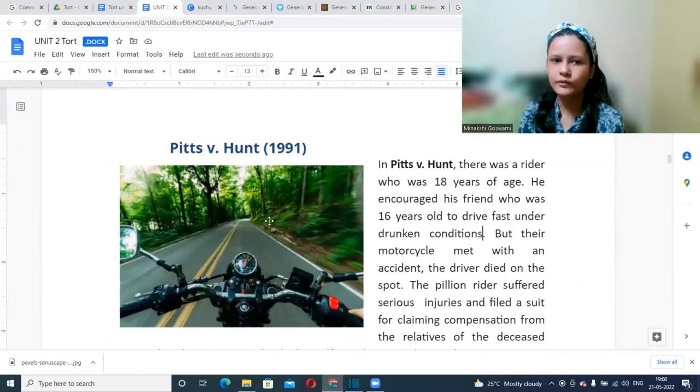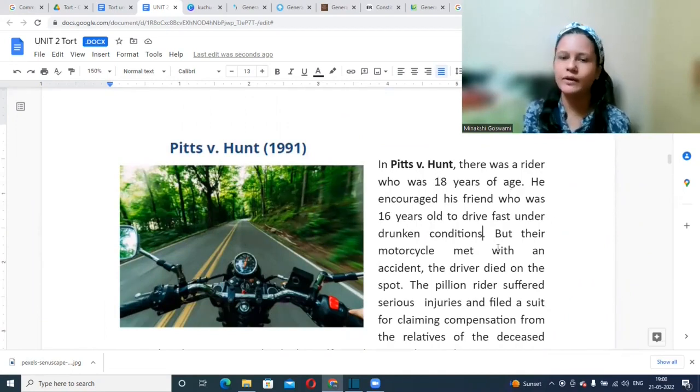So now there was this case wherein there were two persons. One was above 18 years of age and another one was 16 years of age. Now this 18 years, as in he's an adult, right? What this adult did is he asked this minor that, okay, what you do is you drive this bike, and that too in a drunken condition.